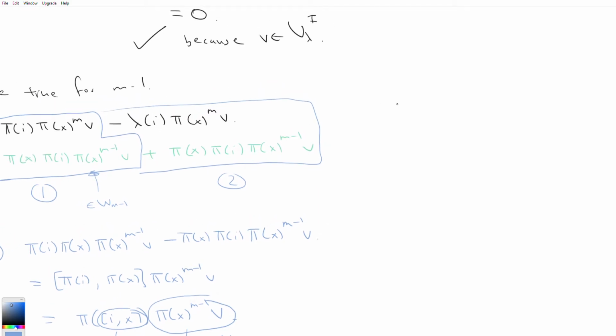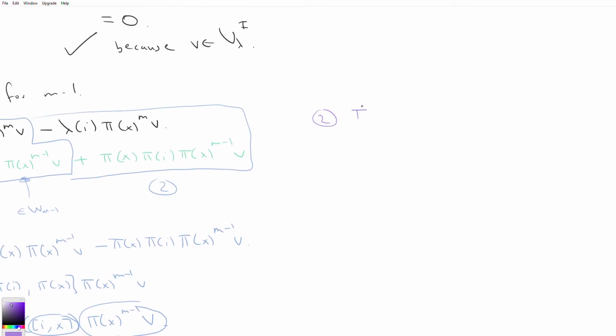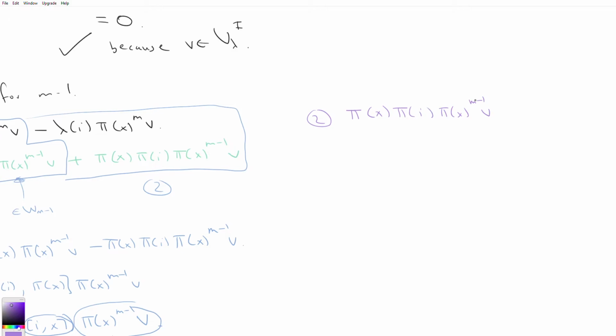So the second quantity, let's change colors again, is the following. We have π(x) π(I) π(x)^{m-1} v minus λ(I) π(x)^m v.